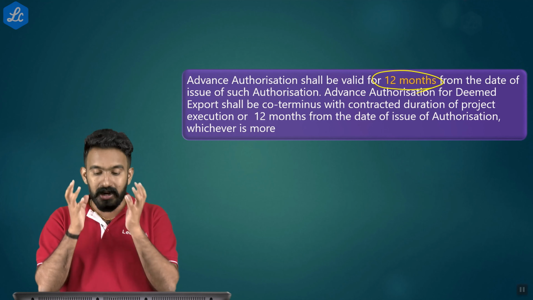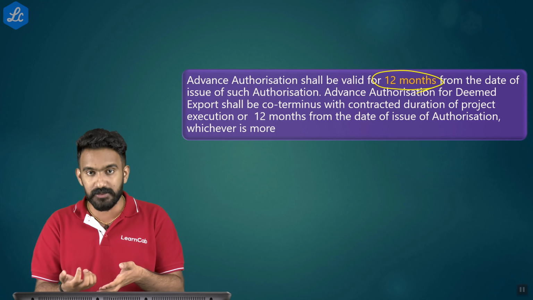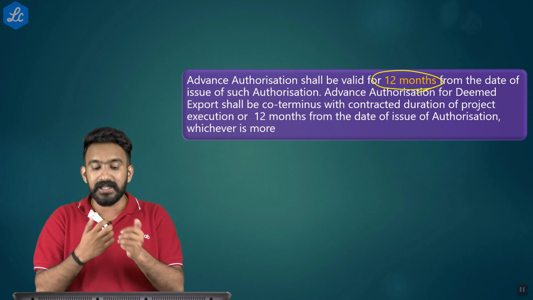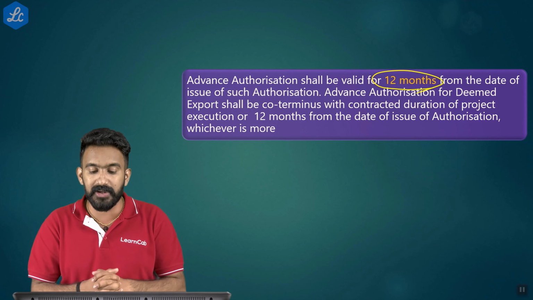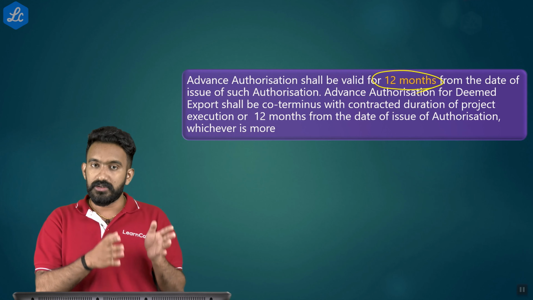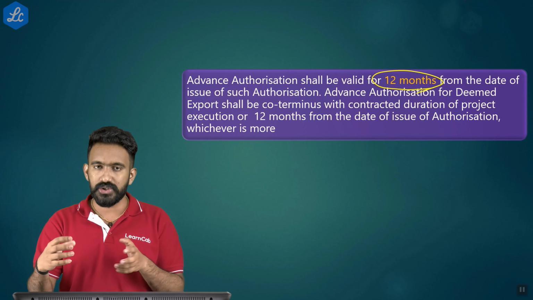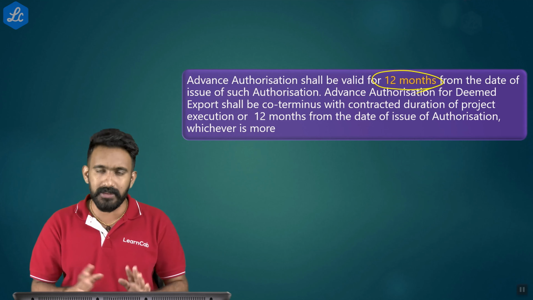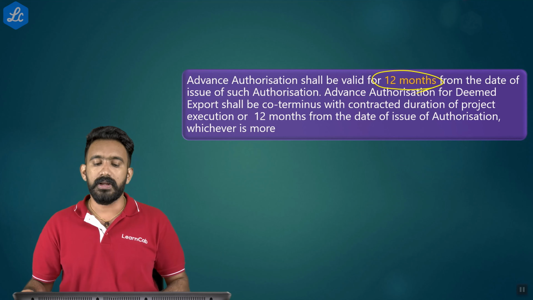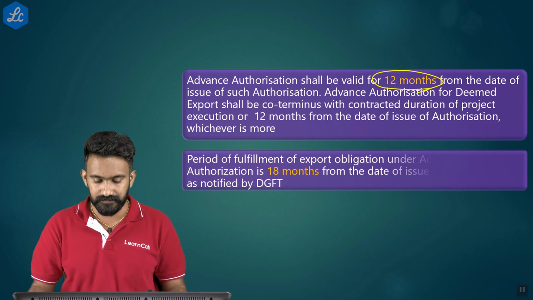So you are eligible for advance authorization even if you are doing a deemed export instead of a normal export. In such cases, if it's a project that you are helping on, then it will be the duration of that project if it is more than 12 months. If it's less than 12 months, then you will get 12 months to import inputs without paying any duty.